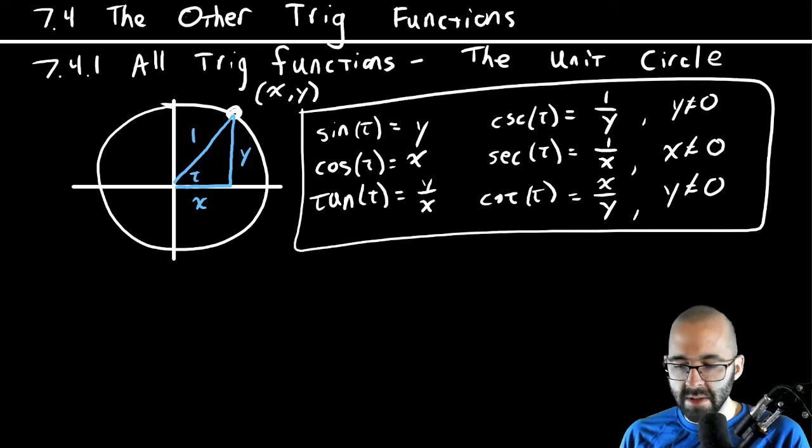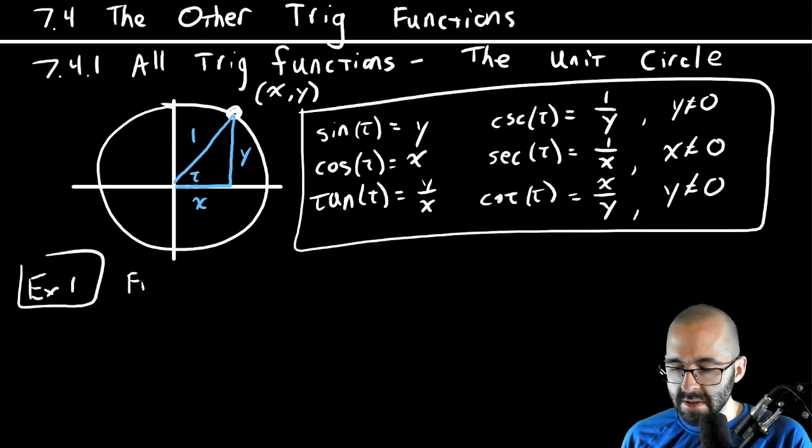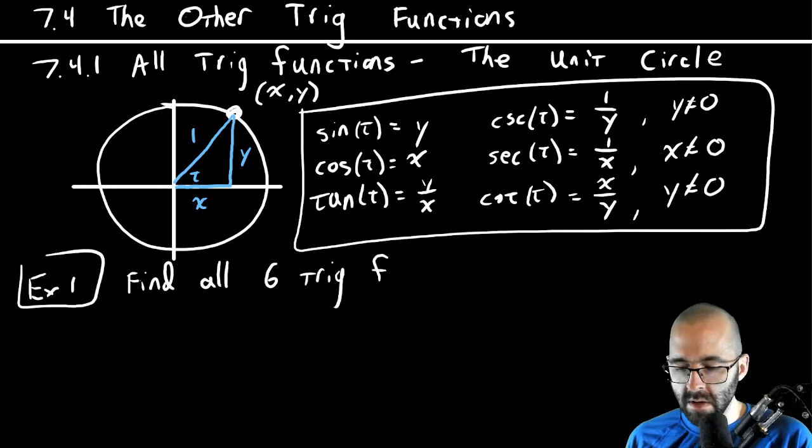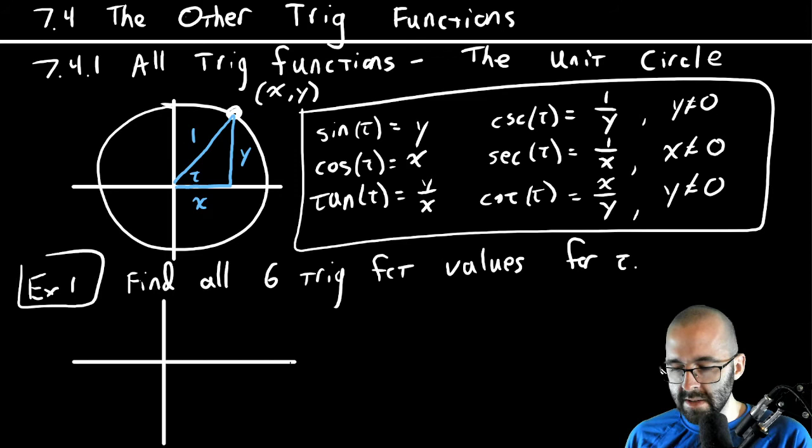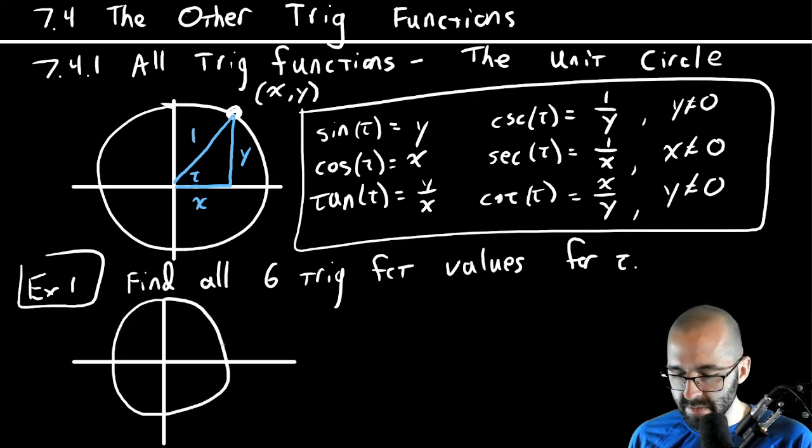Let's do an example kind of combining everything. Find all 6 trig function values for t. So we're going to have t is an angle for a point on the unit circle.